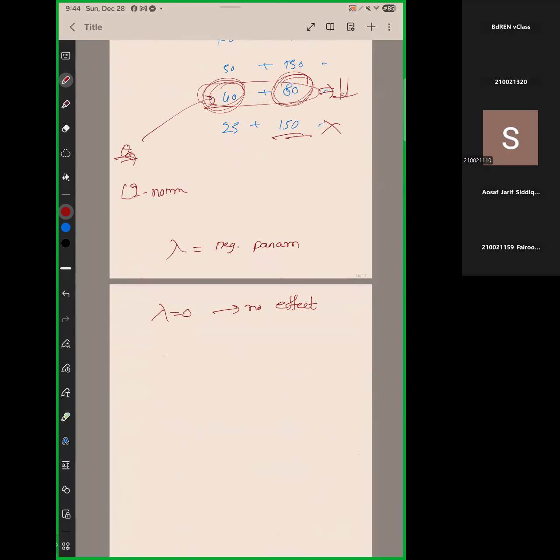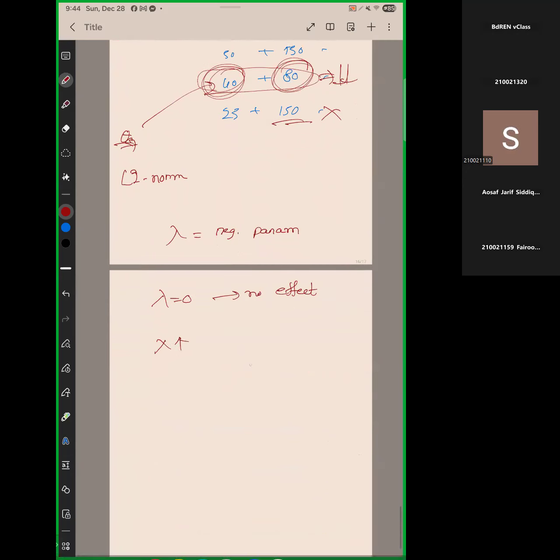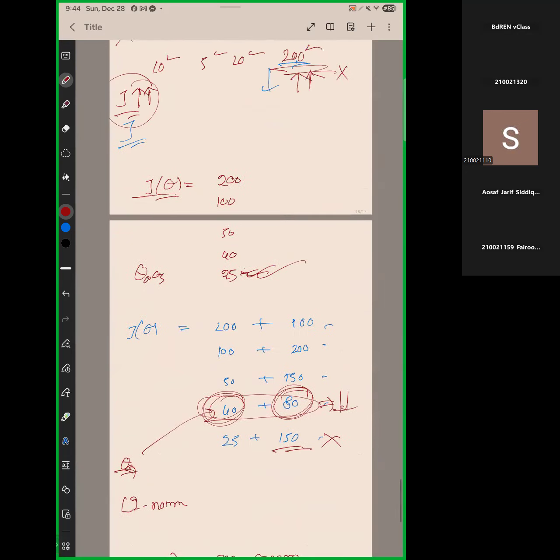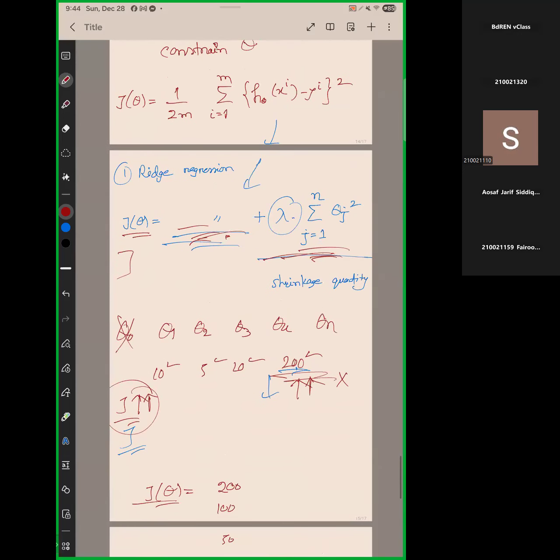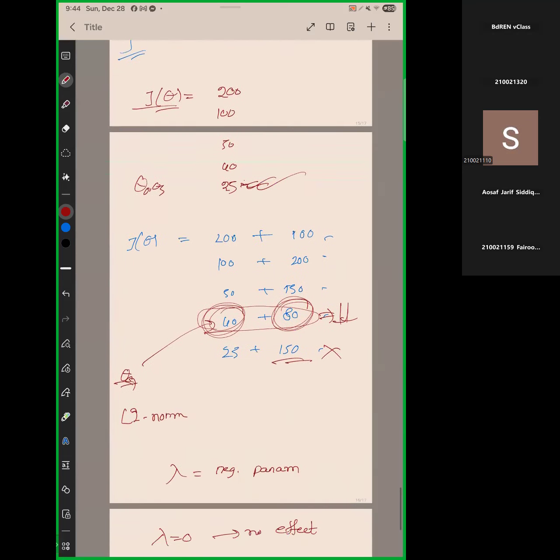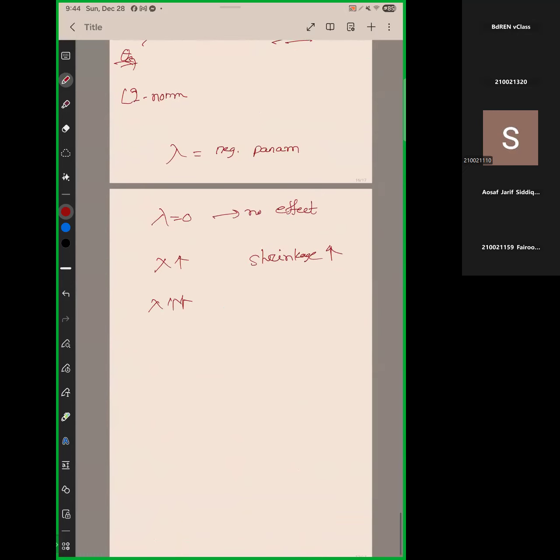If your lambda is increasing, the shrink rate will increase. Because whatever error you get here is getting multiplied by this. So a higher lambda value means it gets multiplied more, which means the regularization is increasing. If lambda is too high, then what will happen?